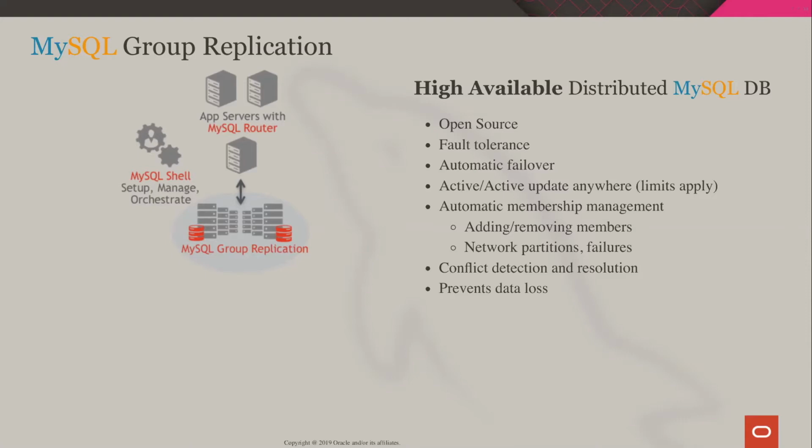Membership is automatic, so you can add and remove members. They will provision themselves. When there's a network partition, it will make sure that only one remains the primary and that split brains are prevented. There's integrated conflict detection and resolution, and it's all built to make sure there's no data loss, no split brain.